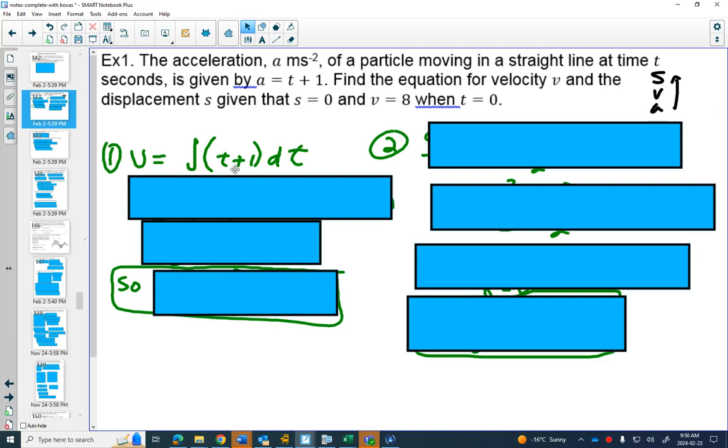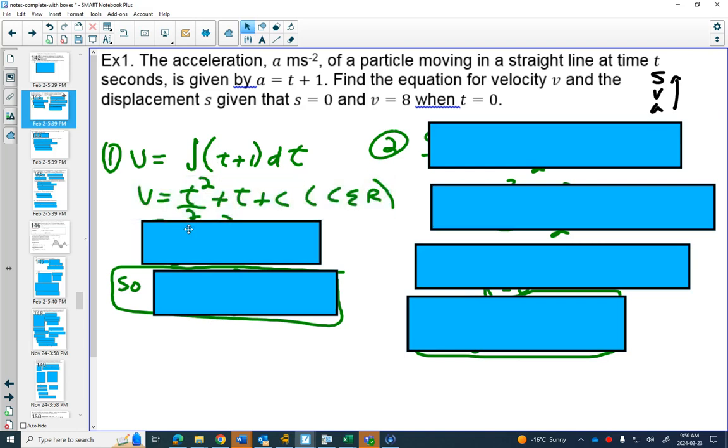This is a relatively easy integral. Add 1 to the exponent, divide by it. So t squared divided by 2 plus t plus C. Since we're doing an indefinite integral, we have to do the plus C, but at time equals 0, our initial condition said that velocity was 8, so we can plug in 8 for the velocity, 0 for time, and find out that C has to be 8.